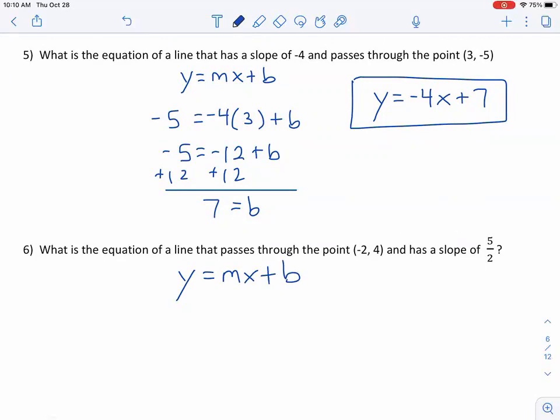And I'm plugging 5/2 in for m. I'm plugging -2 in for x because that's from my point. And plugging 4 in for y. So we get 4 equals 5/2 times -2 plus b. We want to solve that for b.